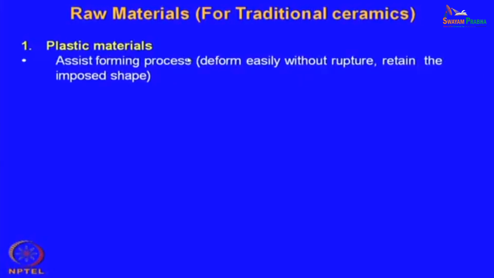And there are different components of raw material, particularly in traditional ceramics. As I mentioned some time back, we sometimes call it triaxial porcelain, because there are 3 different components of this composition. Okay.